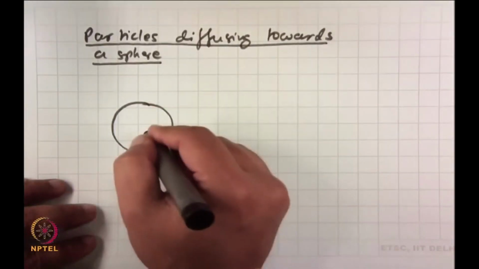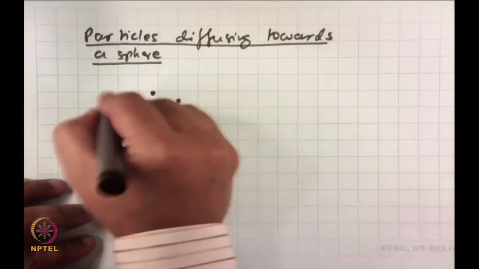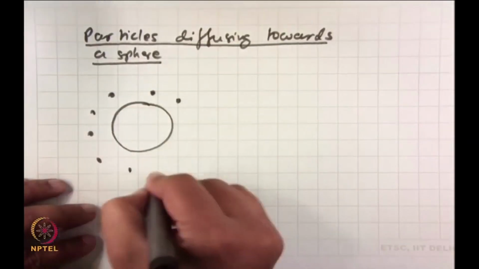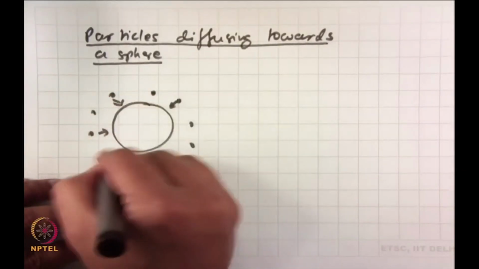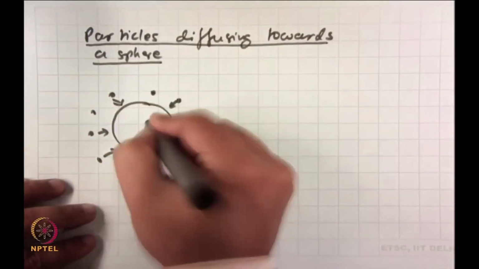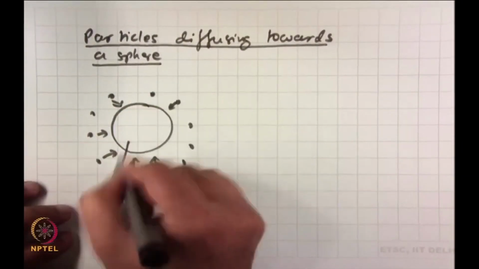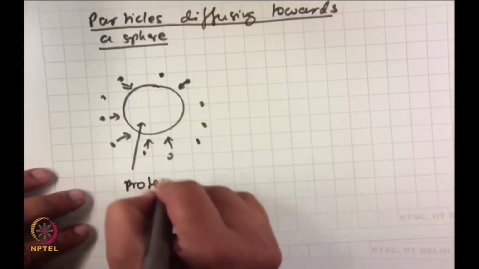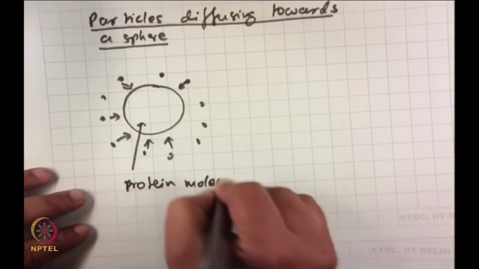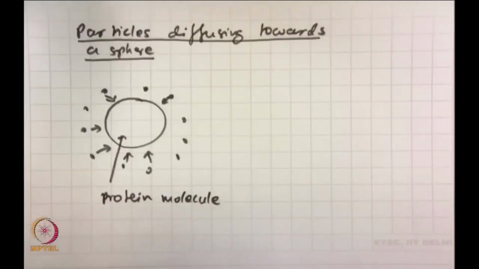This is my spherical particle, and then I have very small particles which will come and diffuse and interact with the central particle. Now, because we are talking about biophysical chemistry, this particle can be your protein molecule. And you can understand the assumption here is that your protein molecule is much bigger than the particles, all of these considered spherical, which are diffusing towards the protein molecule.